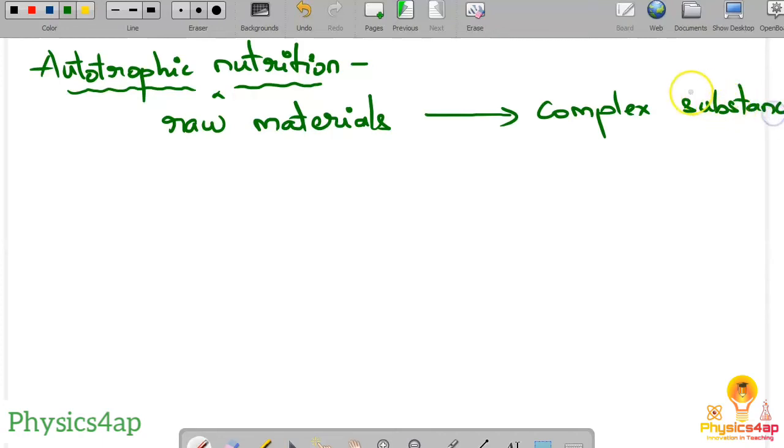All the plants come under autotrophic nutrition, and the organisms which come under this are called autotrophs.